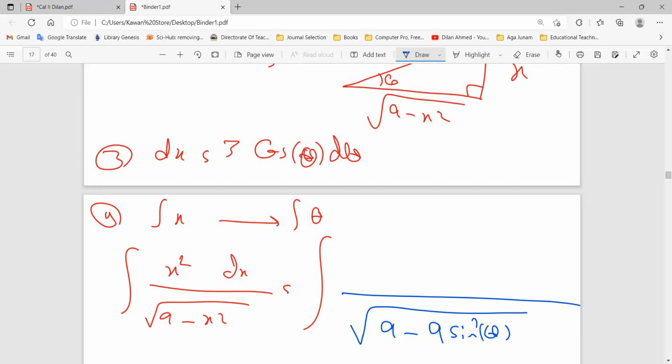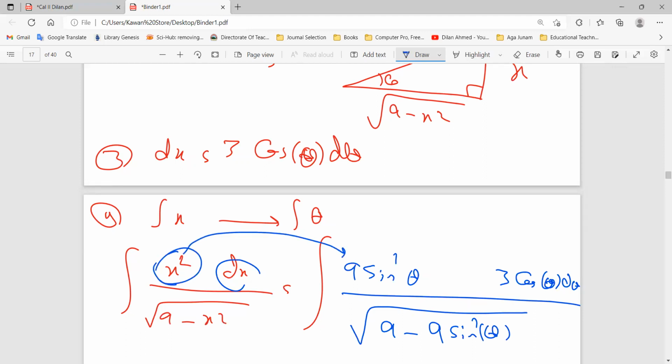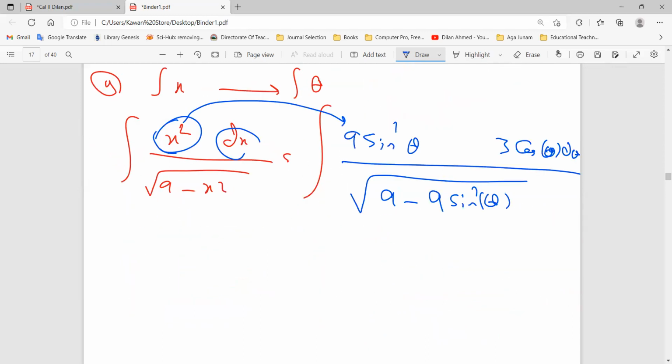Am I right? So x squared is equal to what? Again, 9 sine square of theta. And dx is equal to 3 cosine theta d theta. We change also this x squared to that one. So there is an extra thing here. Now I'm not eliminating anything.